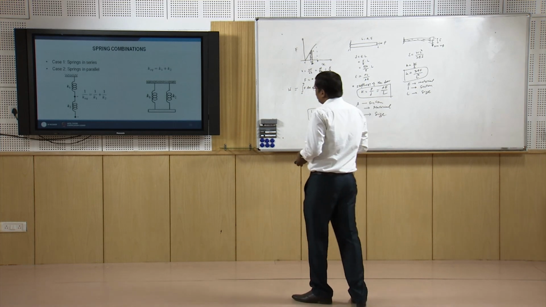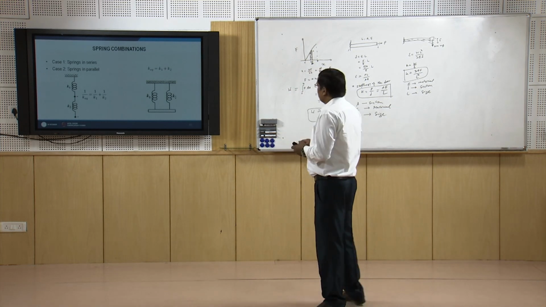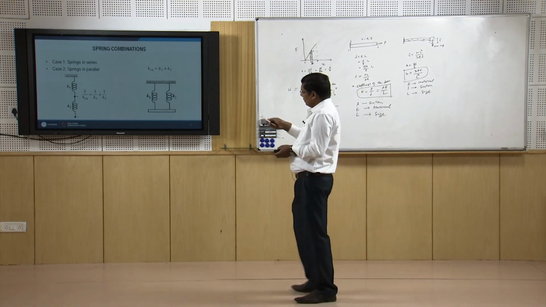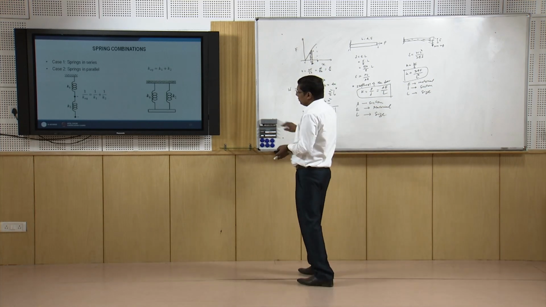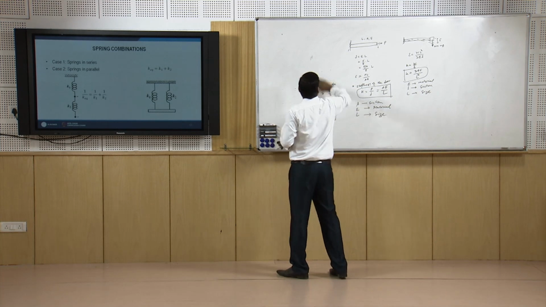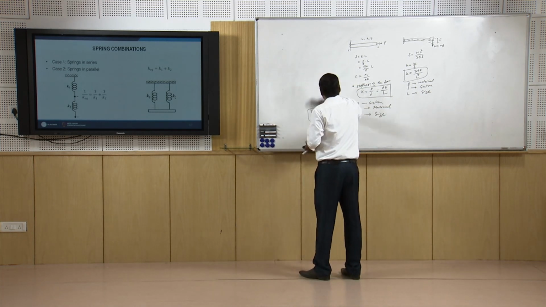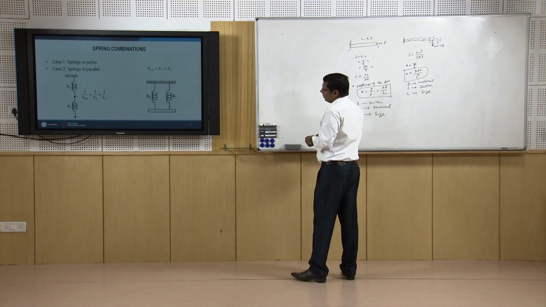Now spring combinations. So these spring elements can have some combinations. So they can be either in series or in parallel. We can develop the equivalent relation, that if we have a series combination, what will be the equivalent stiffness. So let's have the series combination.